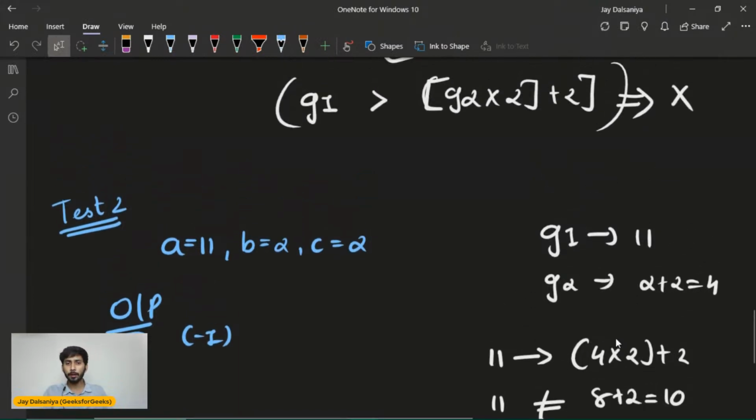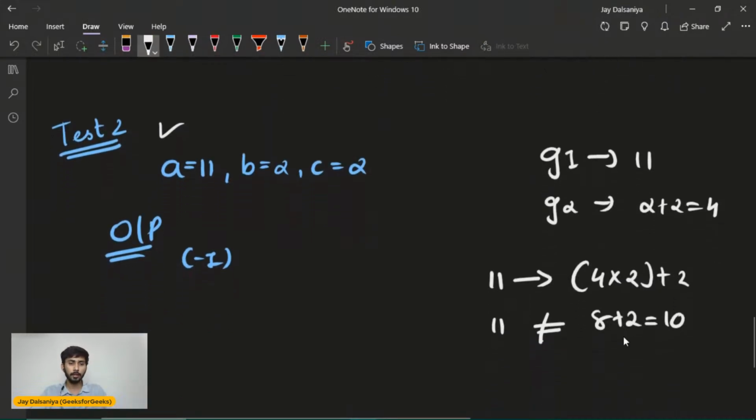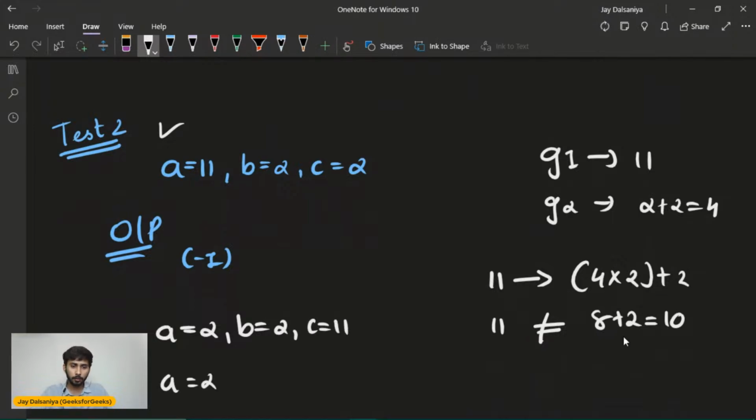And the inequality for the output to be minus 1 is: if G1 is greater than G2 into 2 plus 2, then the output will be minus 1 always. Now here you aren't sure which character will have the highest frequency. Either A can have the highest frequency, B can have, or C can have. That means the arrangement can be in this manner as well, with C equal to 11, or the arrangement can be A equal to 2, B equal to 11, and C equal to 2.